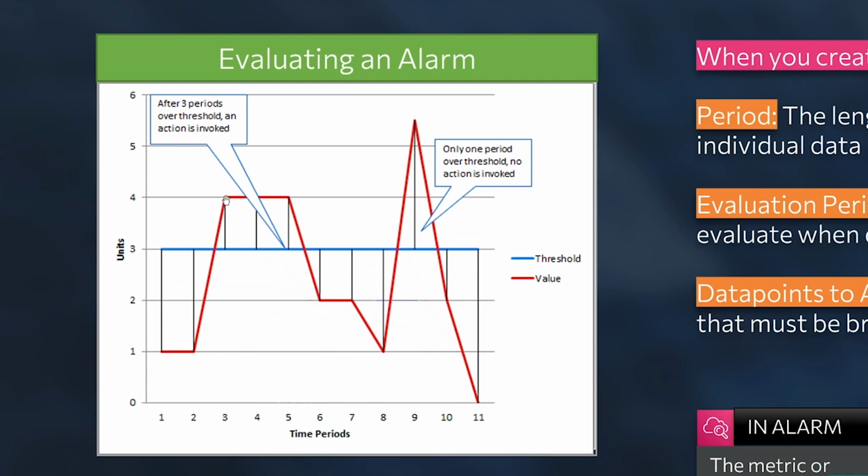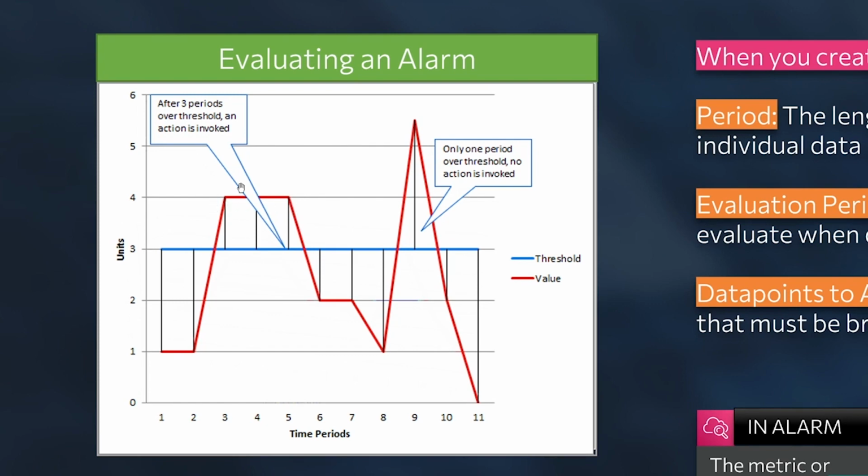Once it has crossed, it has reached the 4th unit, but the threshold value that we have set is 3, so it has now breached. That is where the data points to alarm begin. From 3, we start counting how many points have breached. This is 1, this is the second one, and this is the third one. Clearly we have a breach of 3 data points.